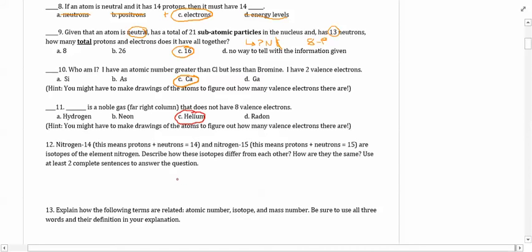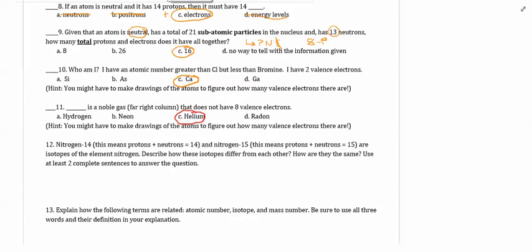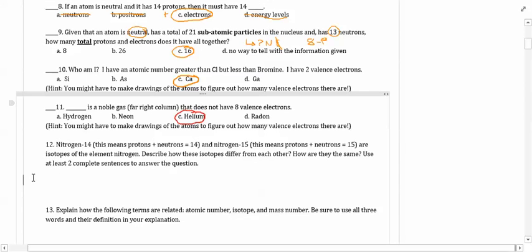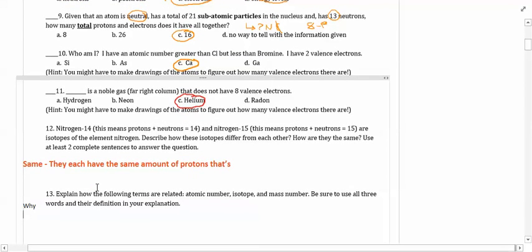So I'm going to make a sentence for how they're the same, and then I'm going to make a sentence for how they're different. For how they're the same, they each have the same amount of protons. That's why they are both nitrogen.